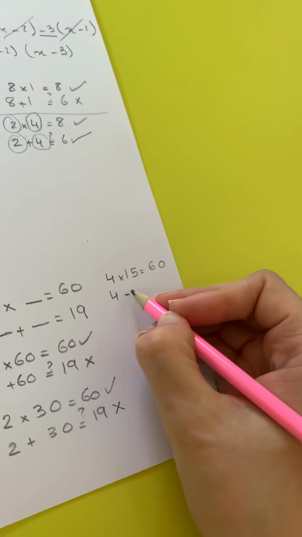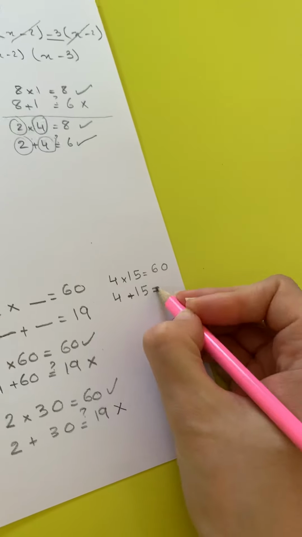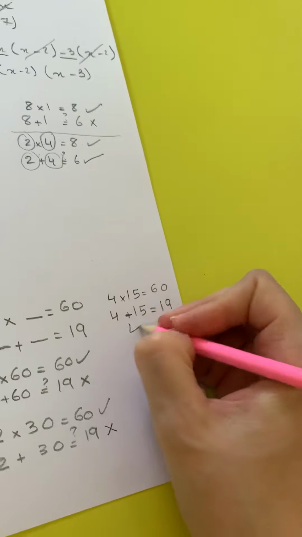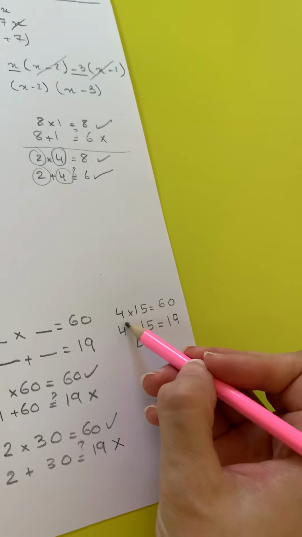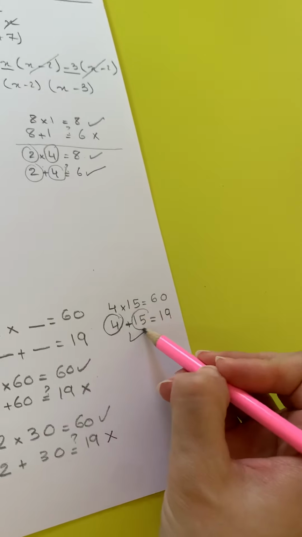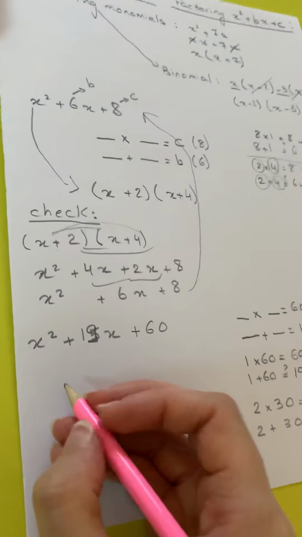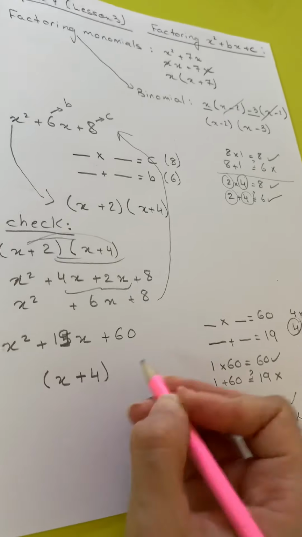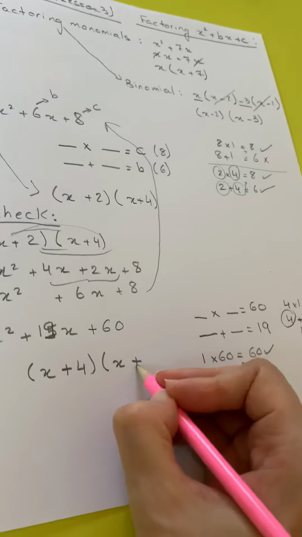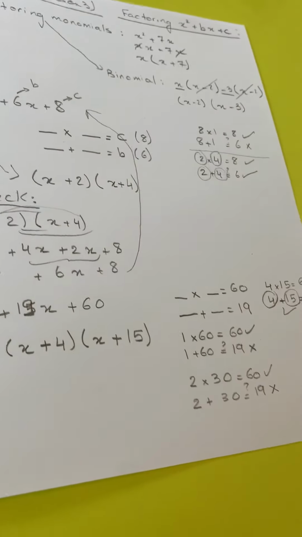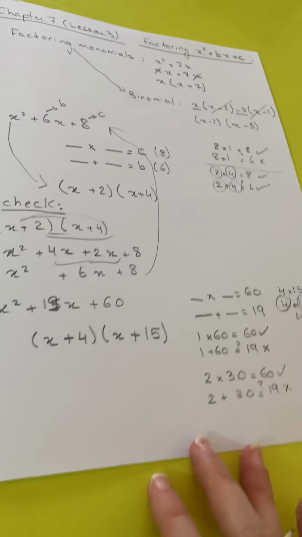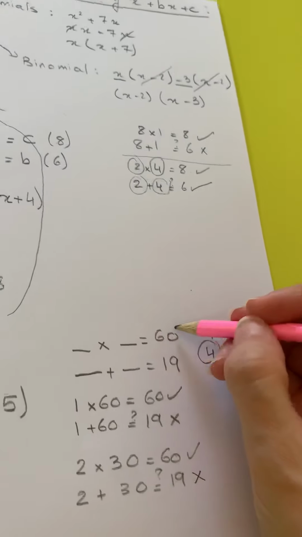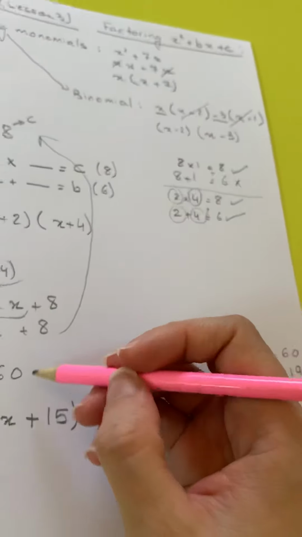But is 4 plus 15 equal to 19? Yes, it is. So the numbers I'm looking for are 4 and 15. So you write the factored form as (x + 4)(x + 15). Okay? So the key, the way you start, is you look for what times what will give you this number 60, which is C.